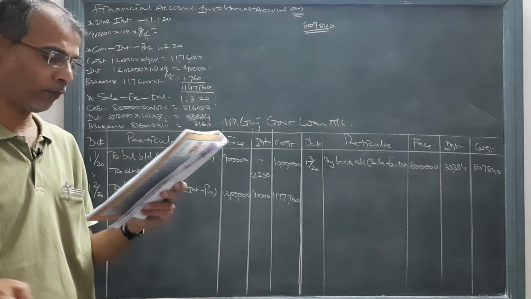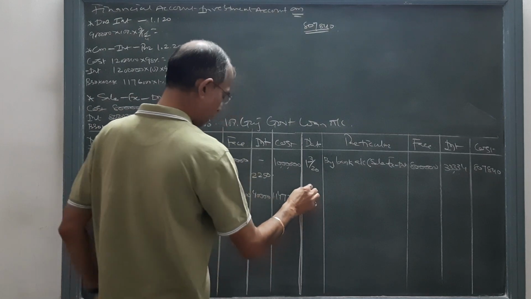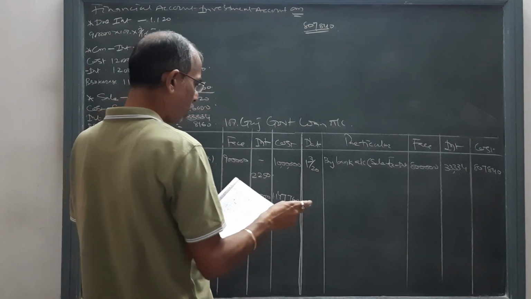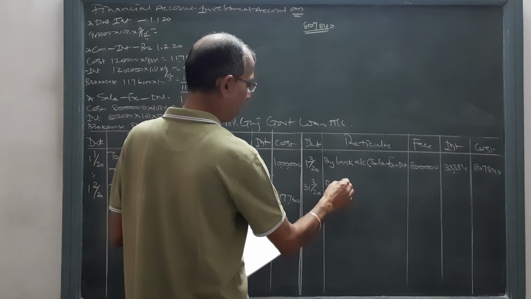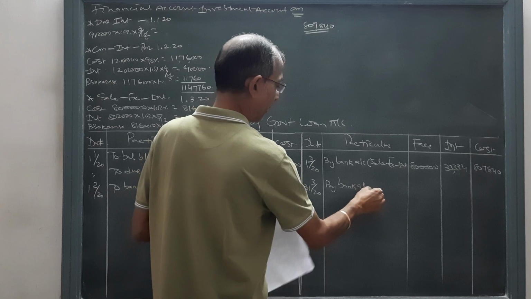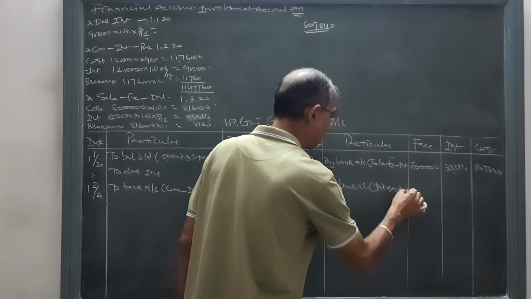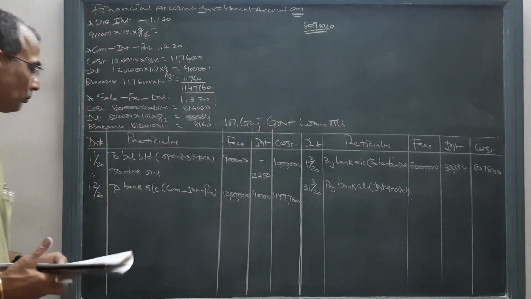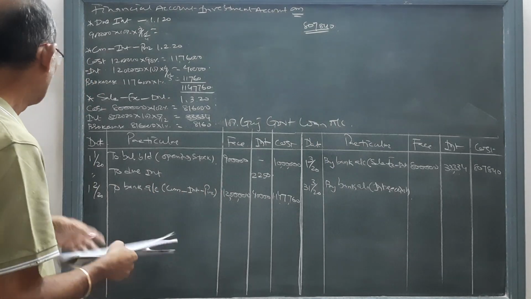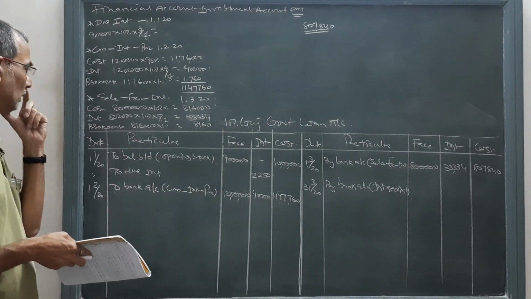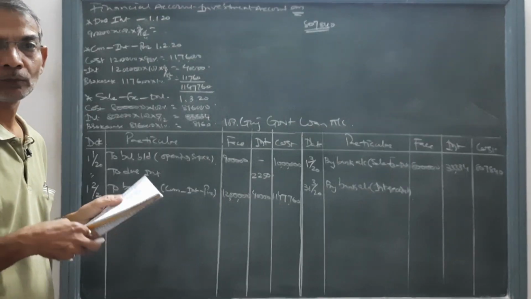Next comes the date 1st June, but before that, interest must be received on 31st March 20 by bank account, on which amount 9 lakh plus 12 lakh, 21 lakh, out of which securities of 8 lakh are being sold.